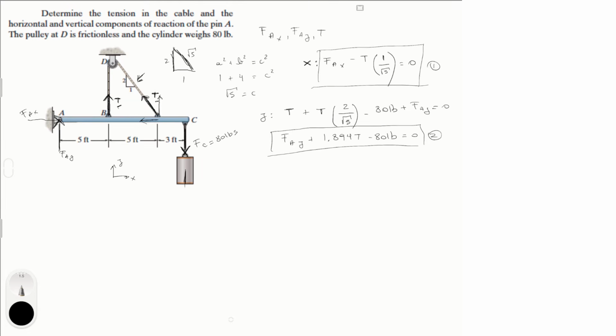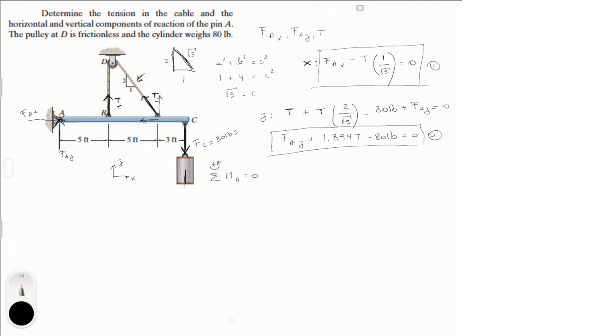All we need is one more equation, and we're going to do sum of the moments at A. And I'm going to assume that counterclockwise is positive, and that is equal to 0. So where's A? A is right here. Why did I pick A?